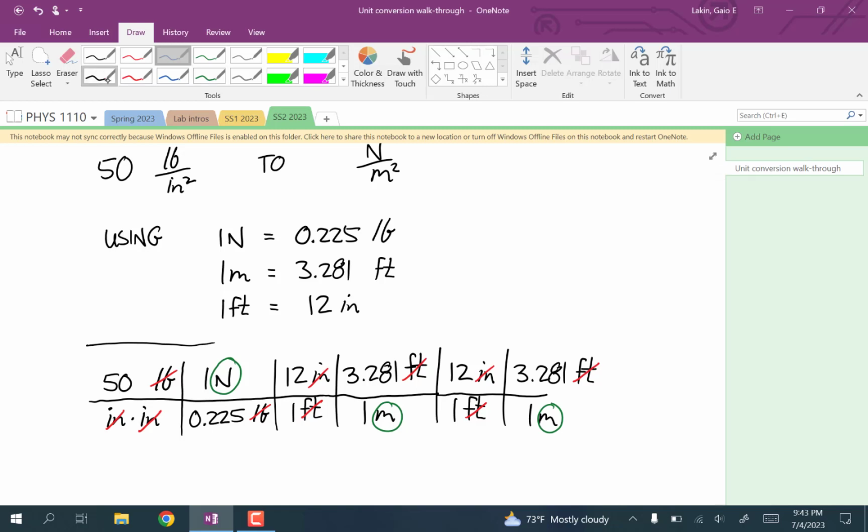And now the last thing we have to do is just go through the calculations, plug these into your calculator. So we have 50 times 12 times 3.281 times 12 times 3.281. So that's all the stuff that's multiplied. And then the only thing we have to divide is we have to divide by 0.225.